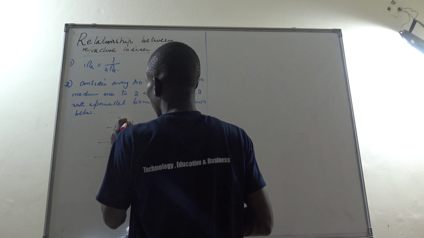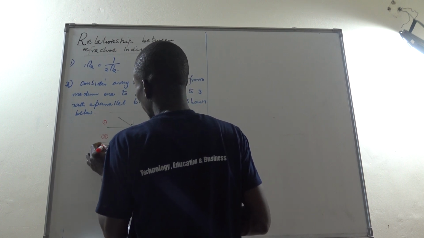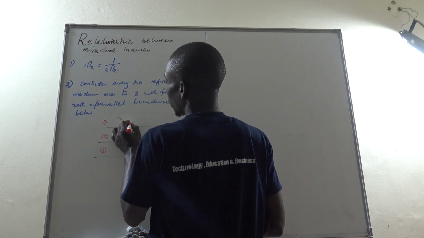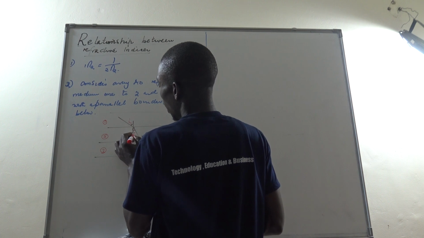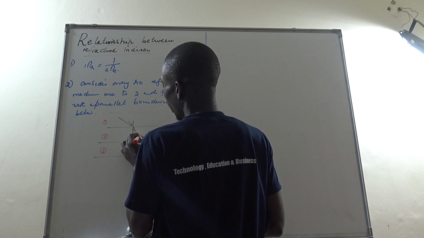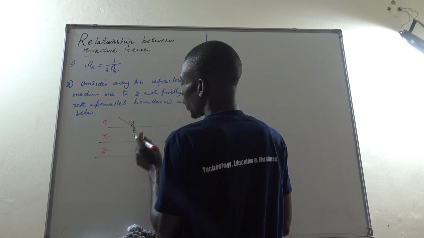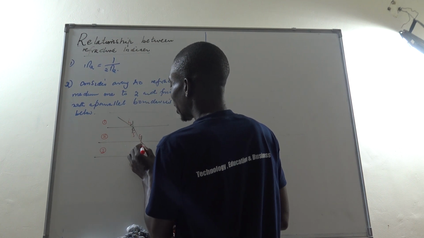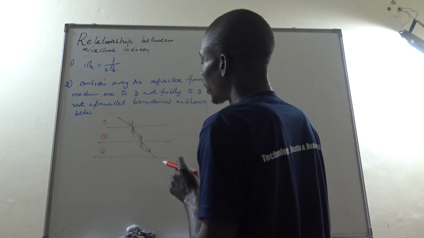If this is media 1, this one 2, this one 3, I can call this one I1, and then this one will be R2. The same angle here will also be R2 because it's alternating. And then this will be equal to R3.